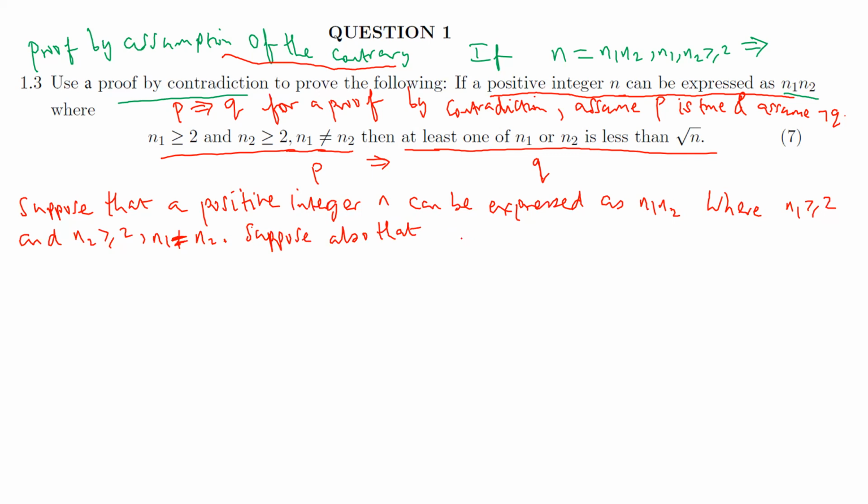now we want to just suppose that not at least one of n1 and n2. If you negate or, it becomes and, like we discussed before. So not at least one of n1 and n2.